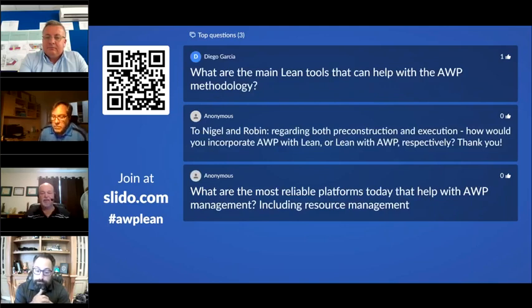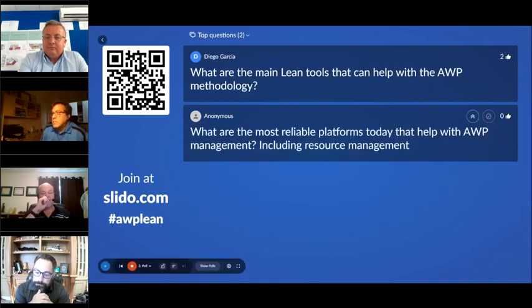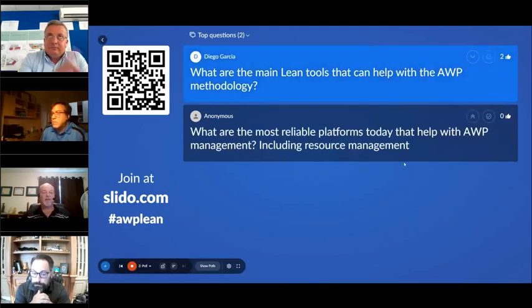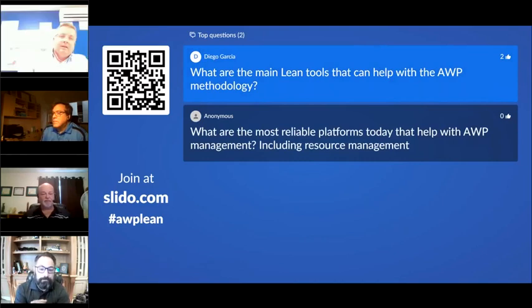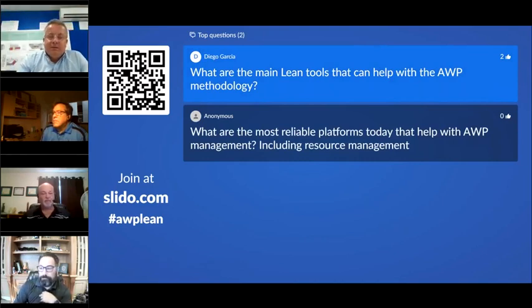What are the main lean tools that can help with AWP methodology? I'm thinking Nigel would be the first one to answer that. Yeah, so sorry, someone just came into the room. Apologies. I think for me it's difficult, because when listening to Robin speak, there's so much crossover between the tools and the approaches that I've been using the last 10 or 15 years, and he was describing.